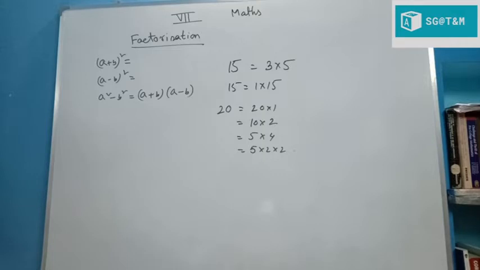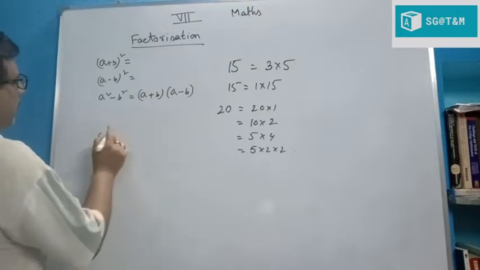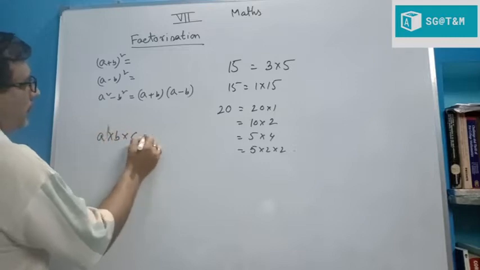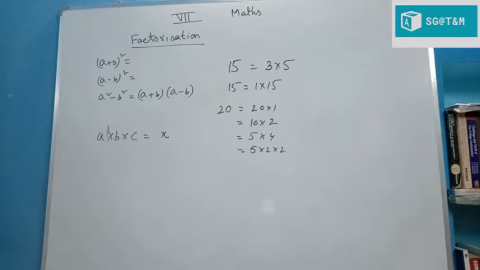For example, suppose a into b into c is x. The expressions a, b, c are called the factors of x. Therefore, this is the factorization of the expression x into three factors a, b and c.